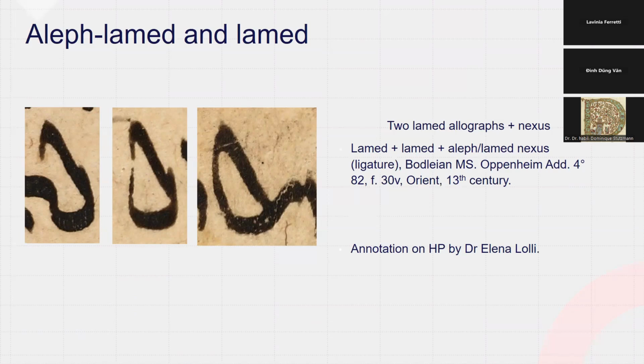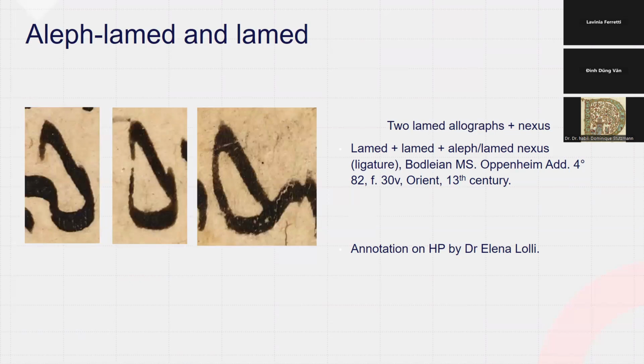Here we can see that they are almost touching, so the invisible line is invisible only in here, while it should be invisible here as well. And in the Aleph Lamed nexus, we can see that finally the invisible line is no longer invisible, but it's very visible, and it creates this specific shape of an Aleph Lamed nexus.